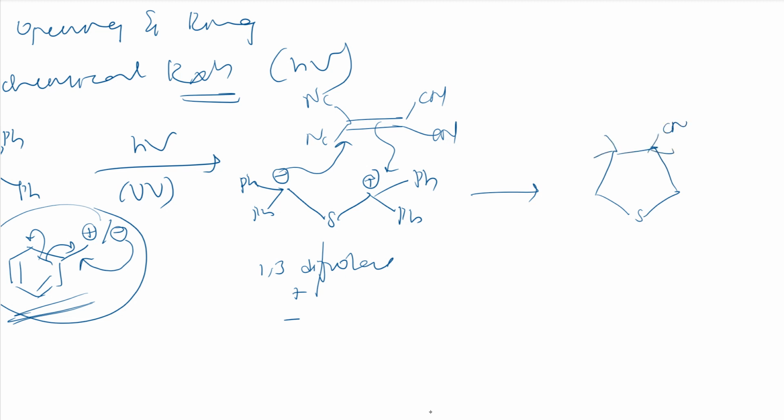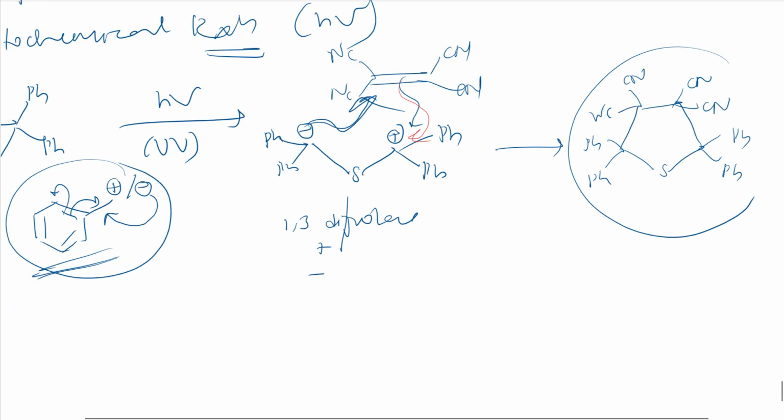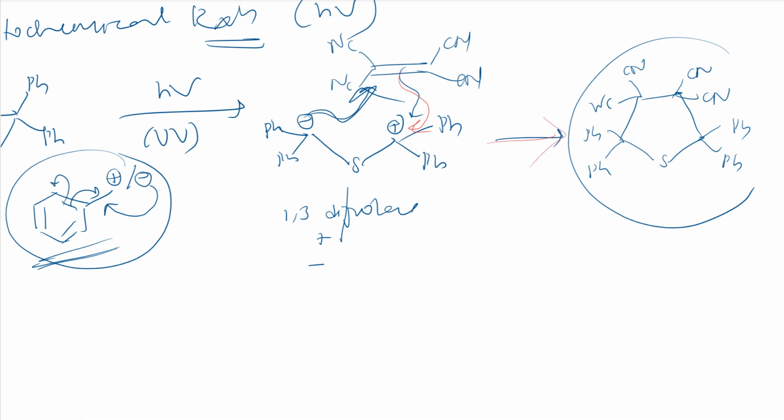CN, CN, CN, CN, and here everywhere Ph, Ph, Ph, right? So this is how the reaction happened. I hope you got it, right? So electron density it gives to this carbon, further from this carbon it attacks here, so we will get this product, right?